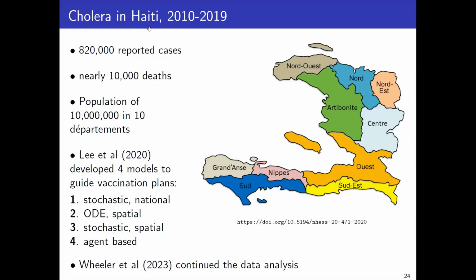Here's another analysis I've been working on recently, on cholera in Haiti, 2010 to 2019. There was a big cholera outbreak in Haiti, and people were trying to figure out vaccination strategies.